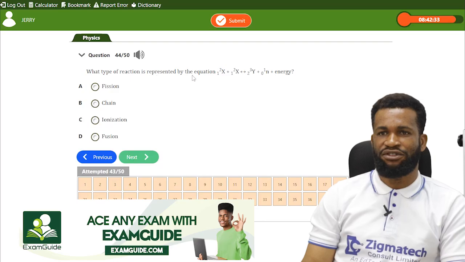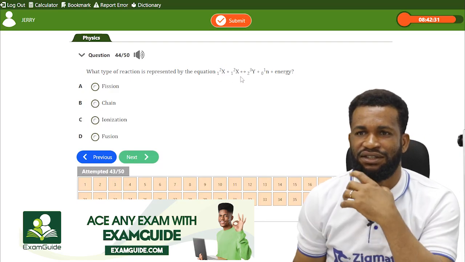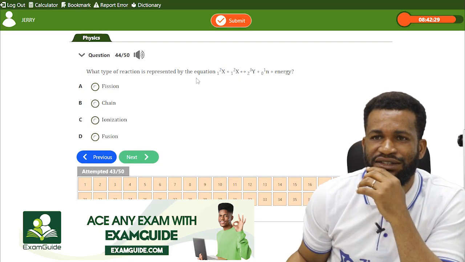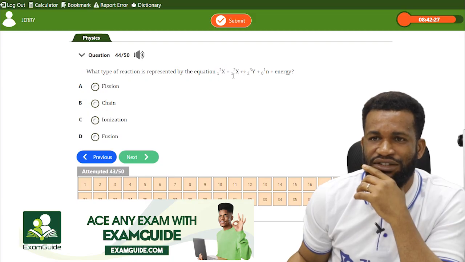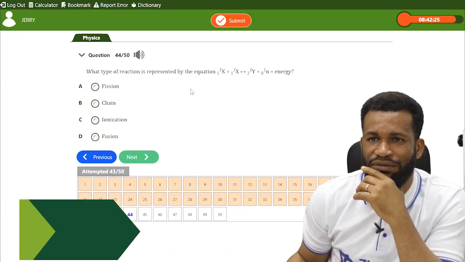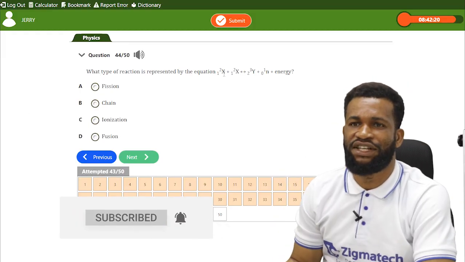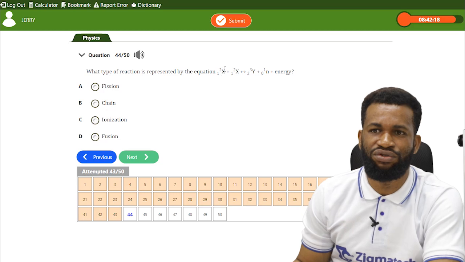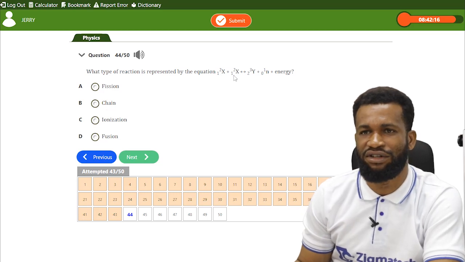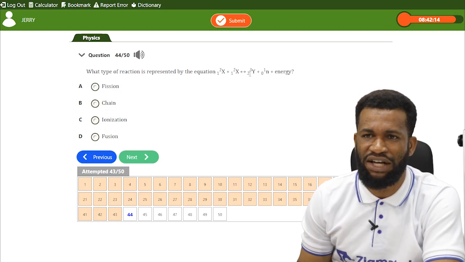The type of reaction is represented by the equation, 2x1 and release of energy. Okay, what type of reaction? In this case now, I'm going to choose, look at 2 smaller nuclei combined to form 3.